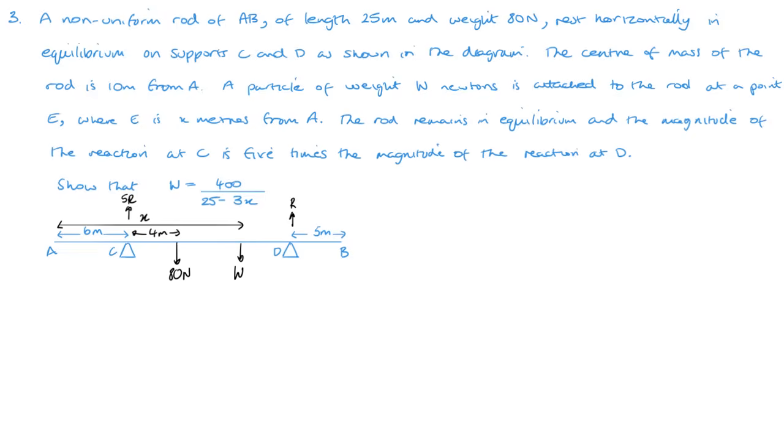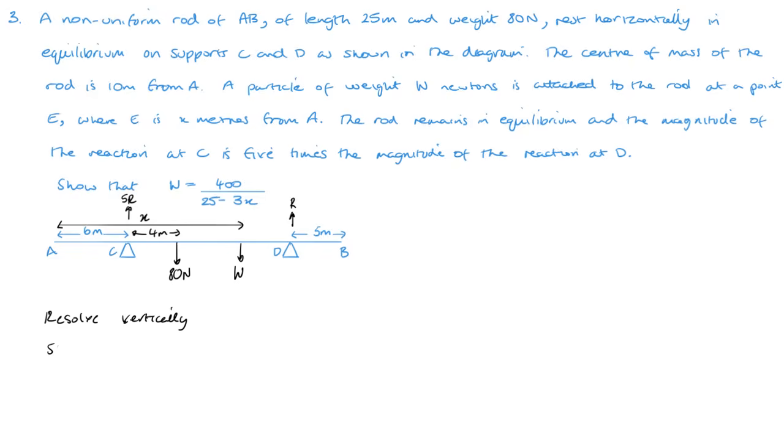So if I take moments, I can't get rid of both of the reactions, can I? Because taking moments from C will still leave this one, which leaves me with 2 unknowns, or 3 unknowns including the x. So we need to find out what R is first. So we need to resolve vertically.